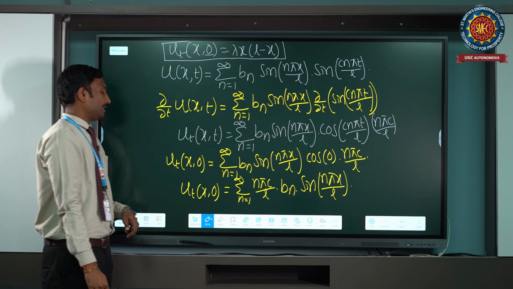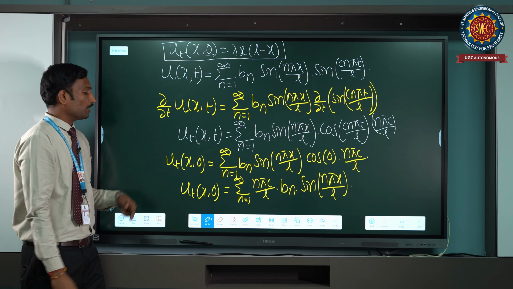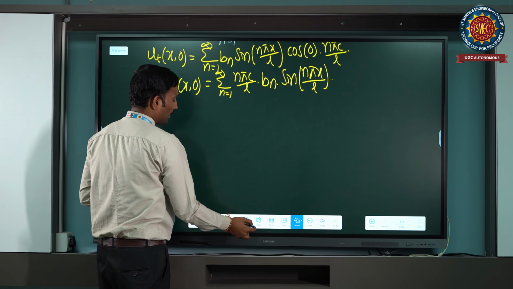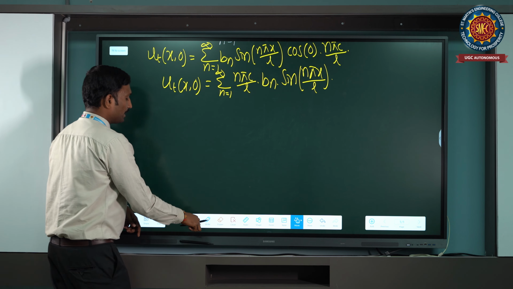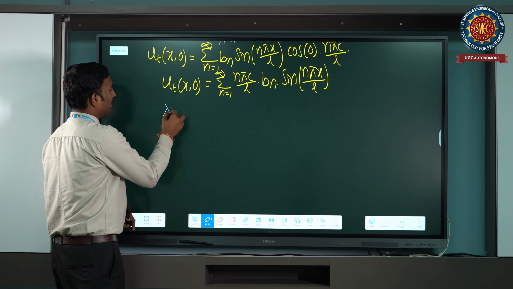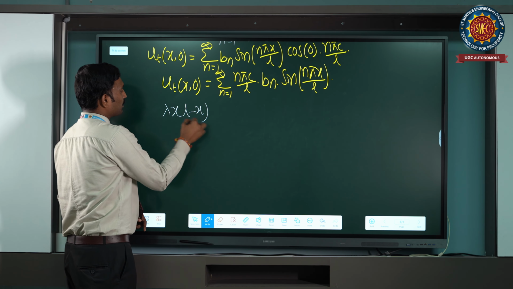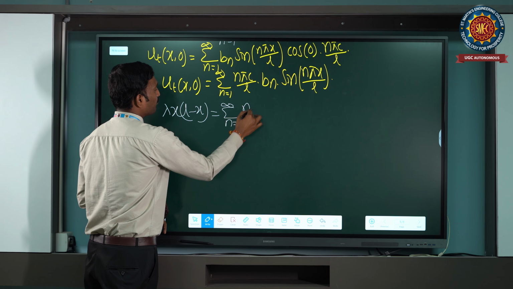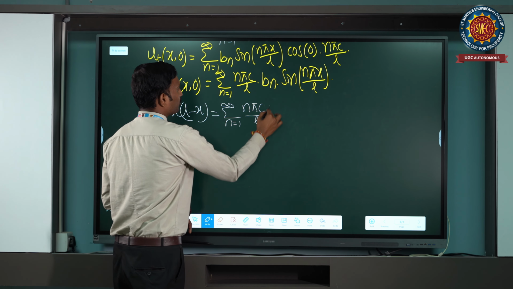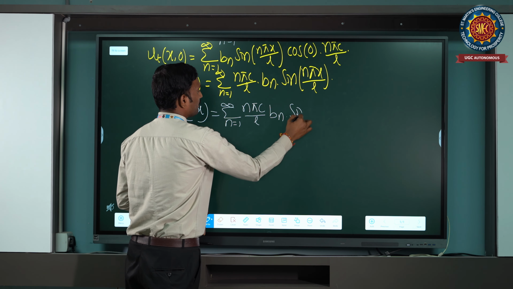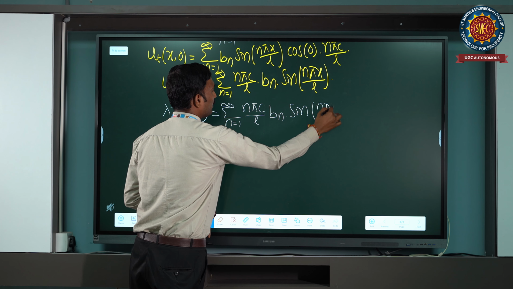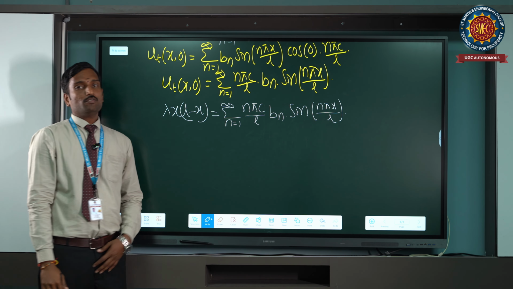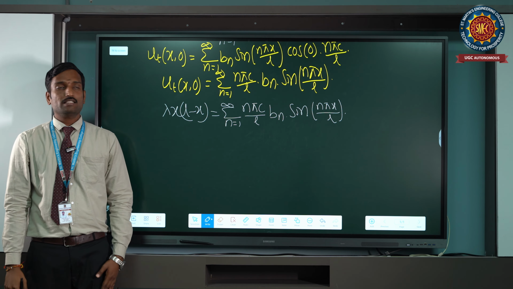This will be equal to the given condition, lambda x into (L minus x). Now equate that lambda x into (L minus x) is equal to summation n is equal to 1 to infinity n pi c by L into bn of sine n pi x by L, which is in the form of a half range Fourier sine series.